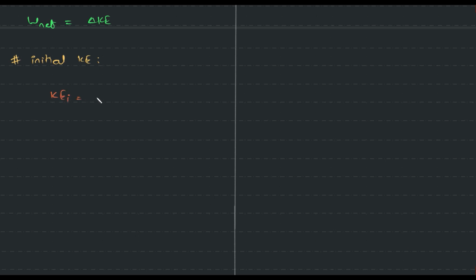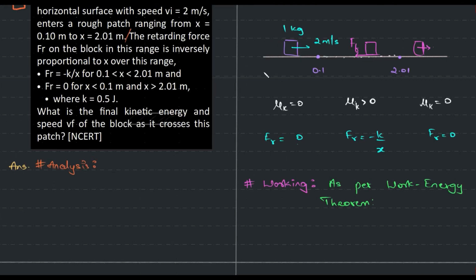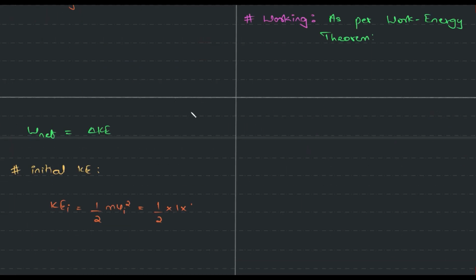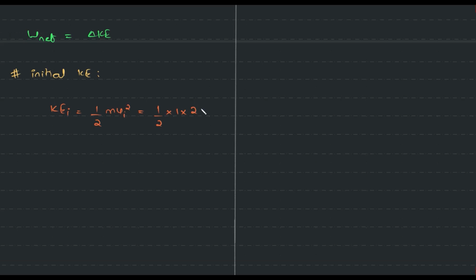So we have half m v_i square over here. Since we have the initial velocity, we will be able to figure out, with 1 kg and 2 meter per second, that this is 2 joules.